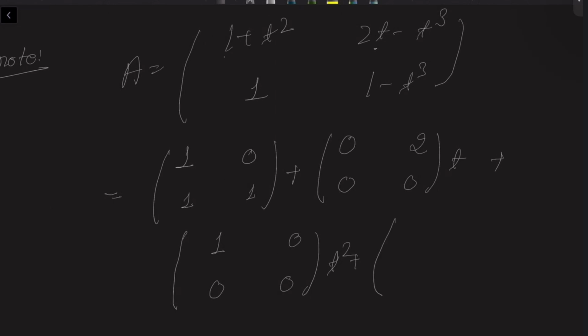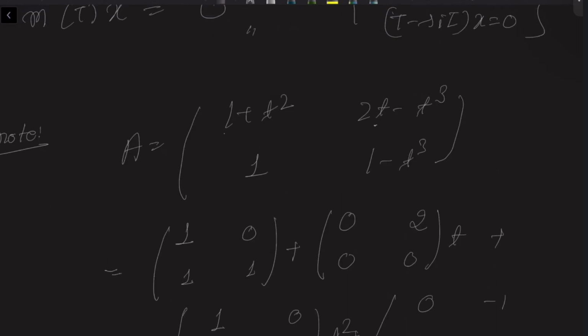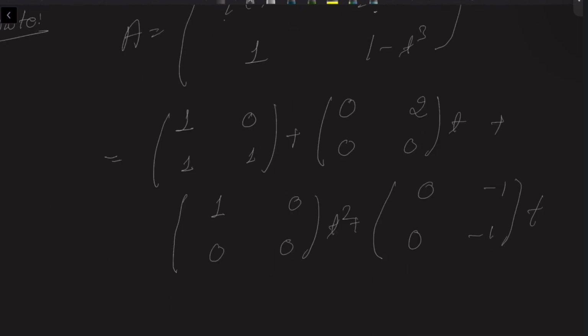And for t cube you have 0, 0, 0, and minus 1, times t cube.